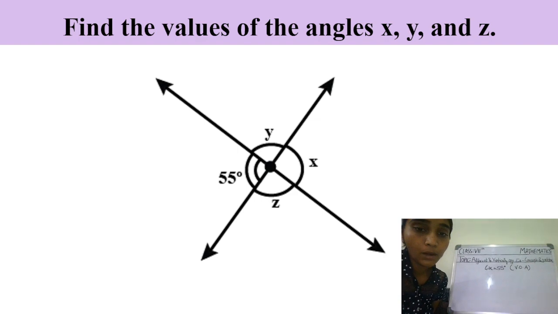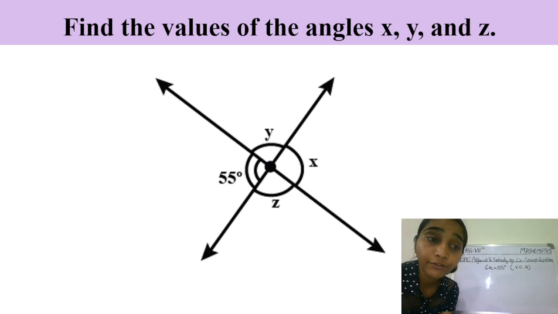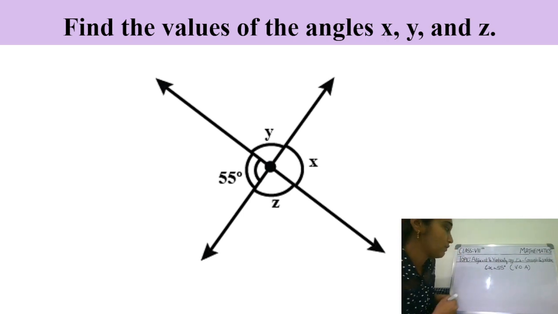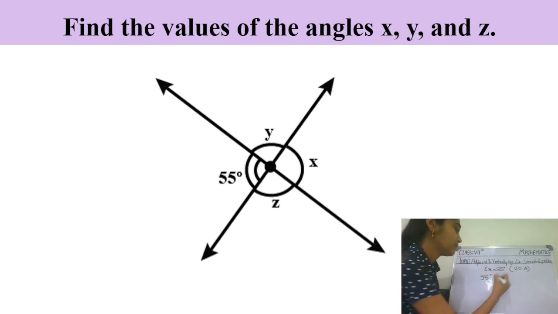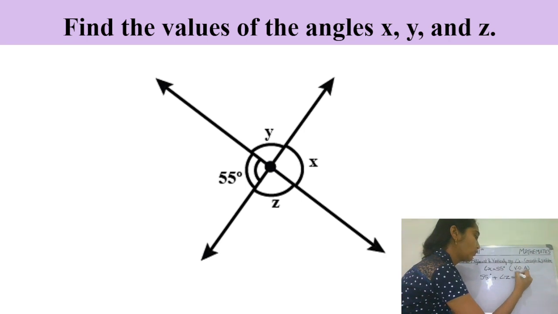Now students, what about angle Z? How will we find it? Very good, students. So you must be getting that idea. They are adjacent angles, and also, students, what are they forming? Yes, angle Z and the 55 degree angle are forming what? Supplementary angles. Okay. So the sum of angles forming supplementary to each other is 180 degrees. So we will use that concept. So students, 55 degrees plus angle Z will be equal to what? 180 degrees.